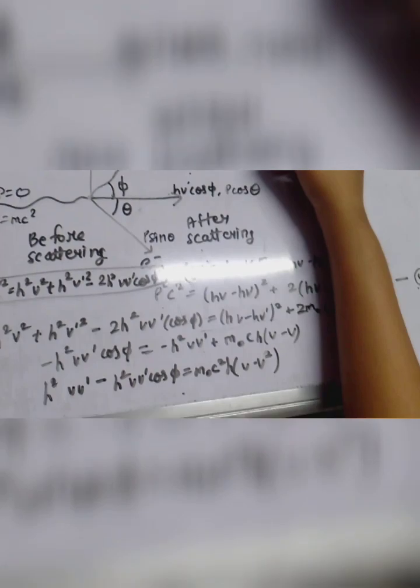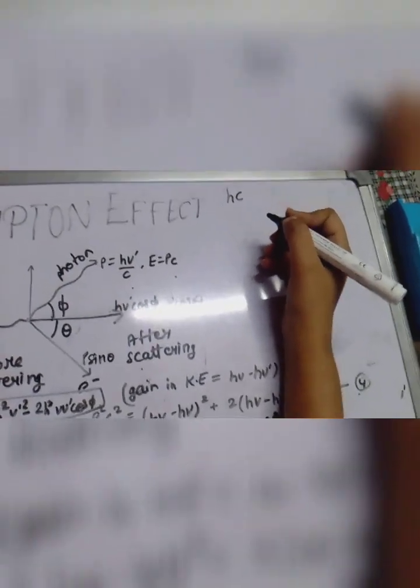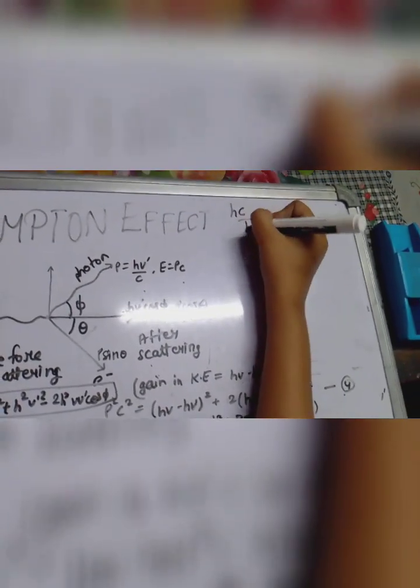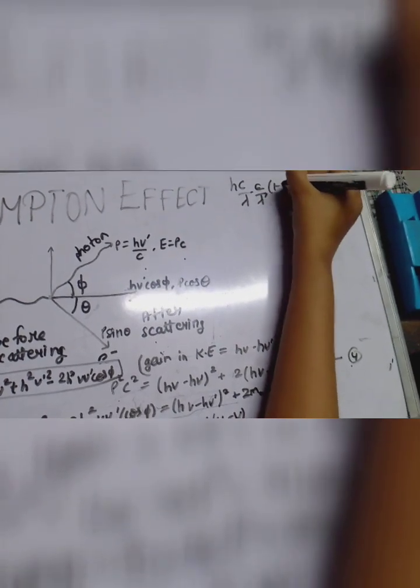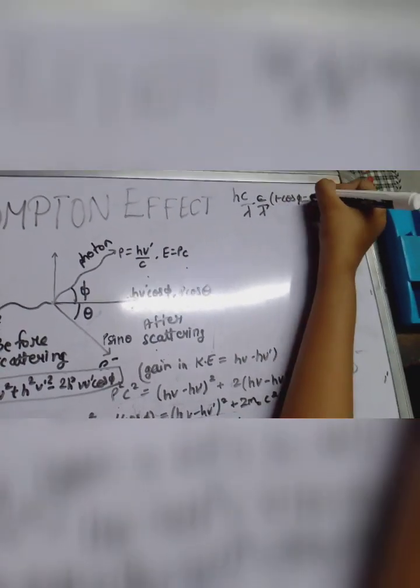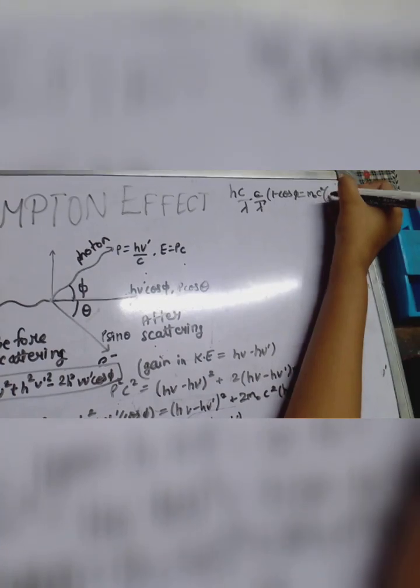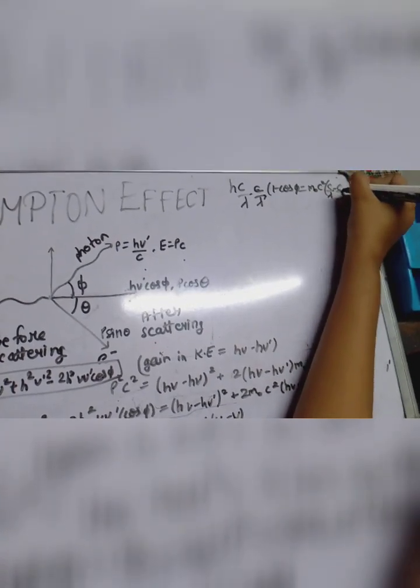Solving this here, we know that we can write c is equal to mu lambda, so I will take mu as c upon lambda. Here I get h c upon lambda lambda dash (1 minus cos phi) is equal to m naught c square (c upon lambda minus c upon lambda dash).